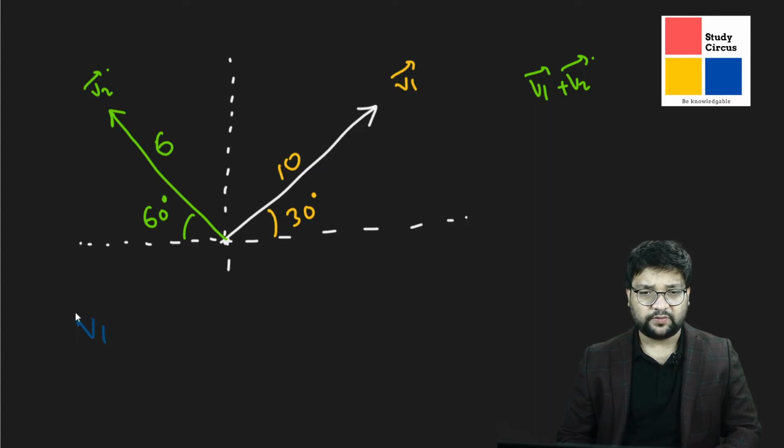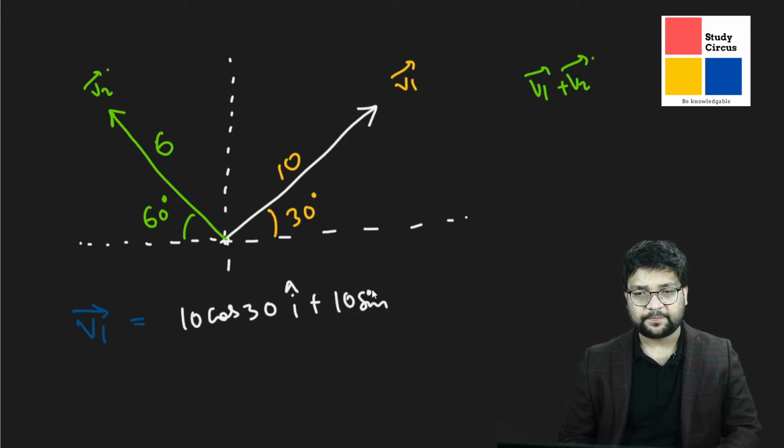For vector v1, I can write 10 cos 30 i cap plus 10 sin 30 j cap, correct?